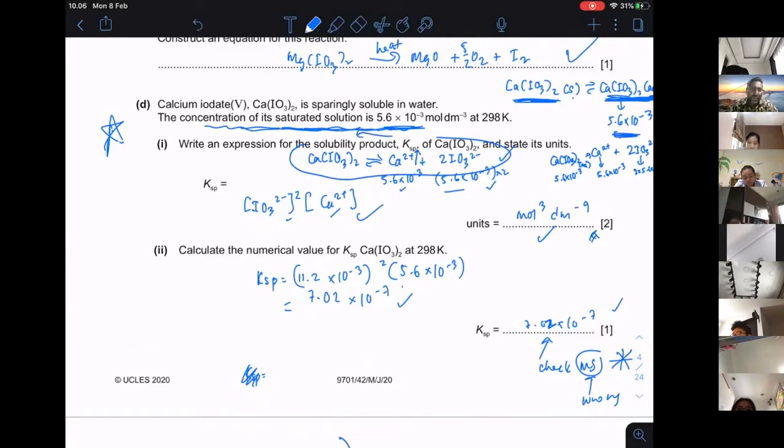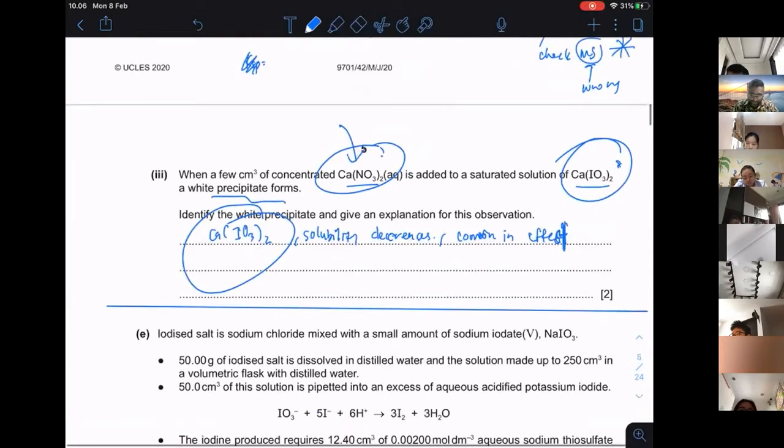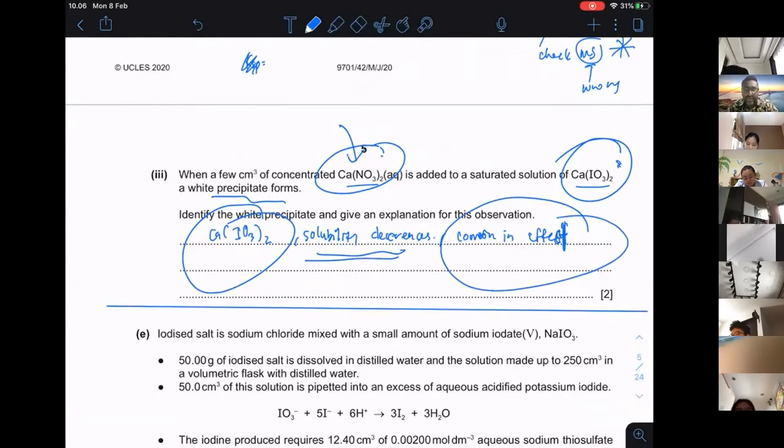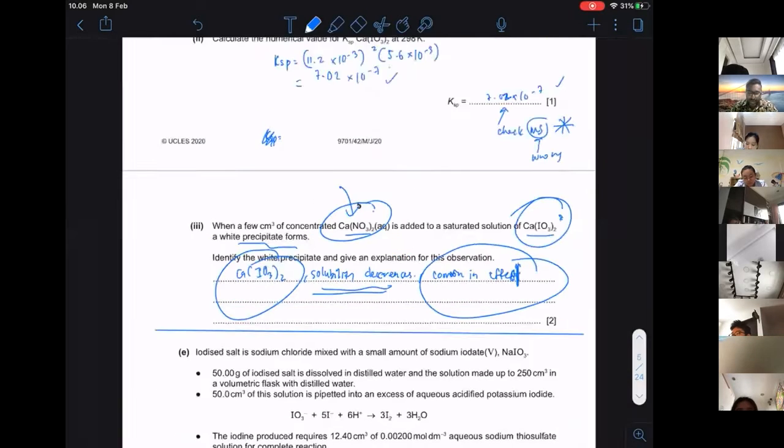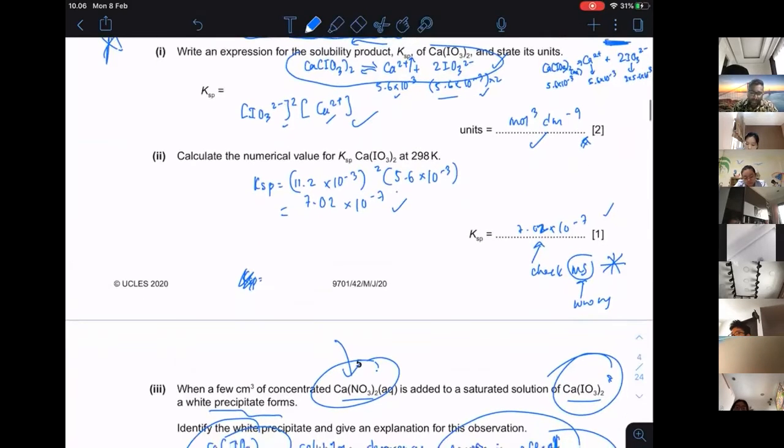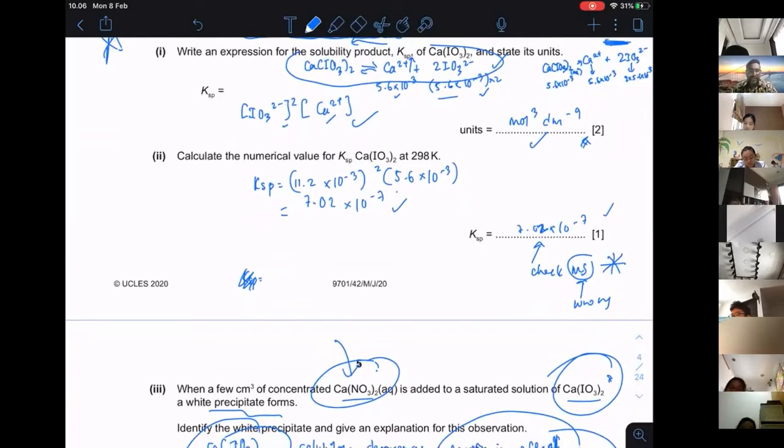When you shift the position of the equilibrium to the left, solubility decreases. That's the reason why the solubility decreases. And what is this effect? This effect is known as the common ion effect. So the solubility decreases because there is a common ion effect, which makes the position of the equilibrium shift to the left.